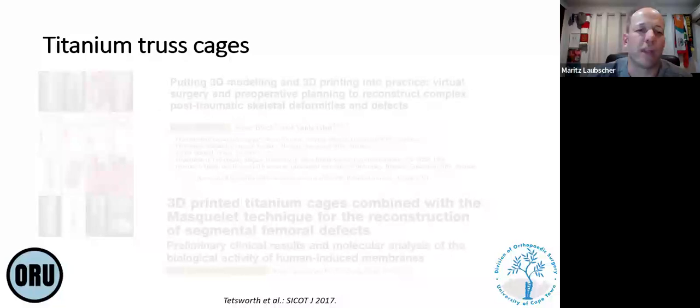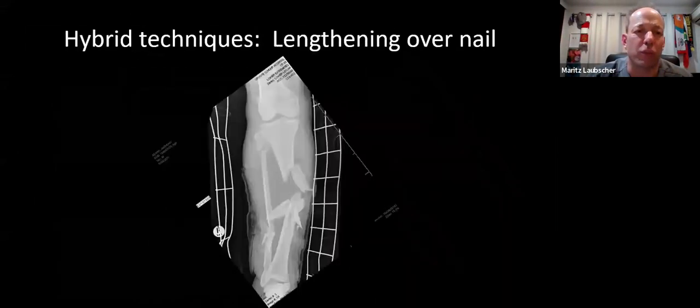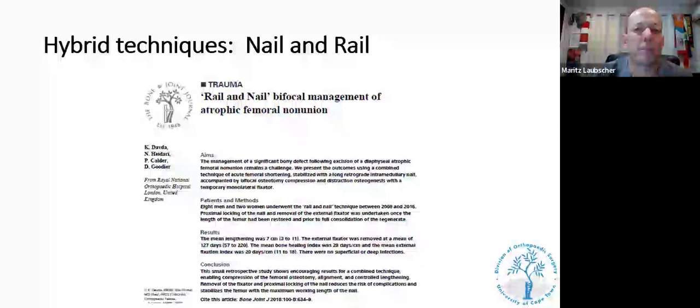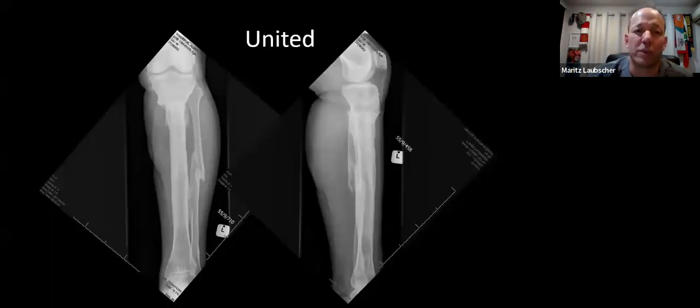The reason is that it adds a lot of complexity to the frame and to the treatment, and it increases the complication rate. And if you look at papers, it does not necessarily reduce the overall treatment duration.